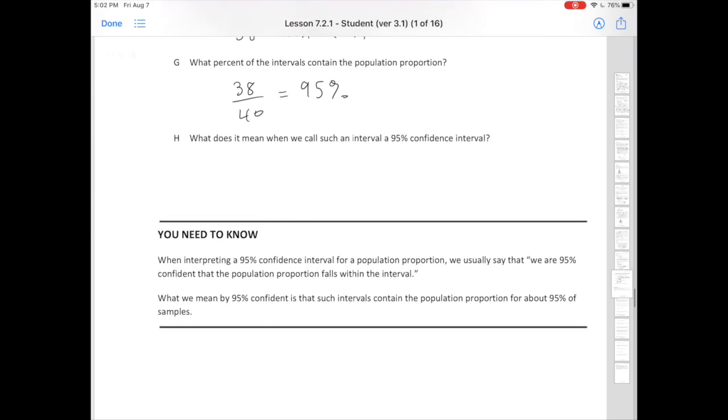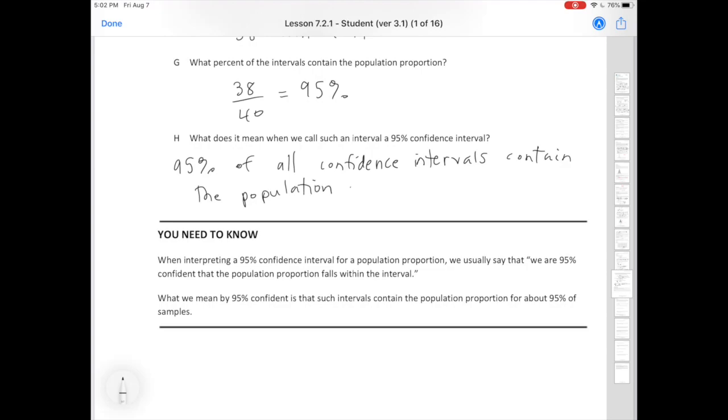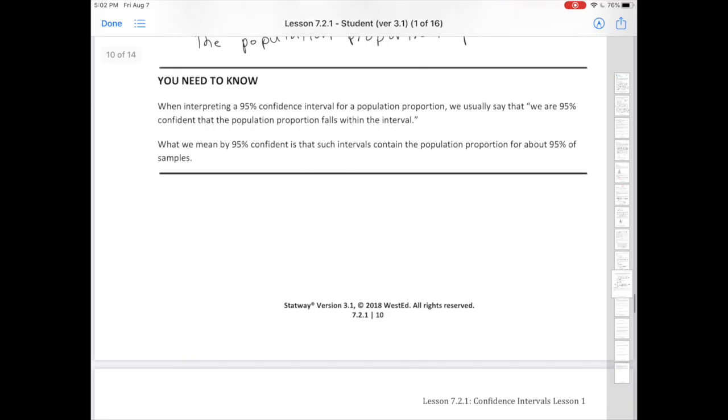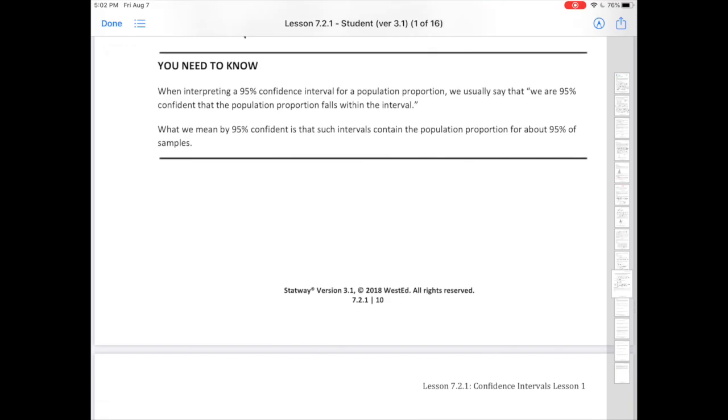So what does it mean when we call such an interval a 95% confidence interval? So it means 95% of all confidence intervals contain the population proportion, P. So this is important.